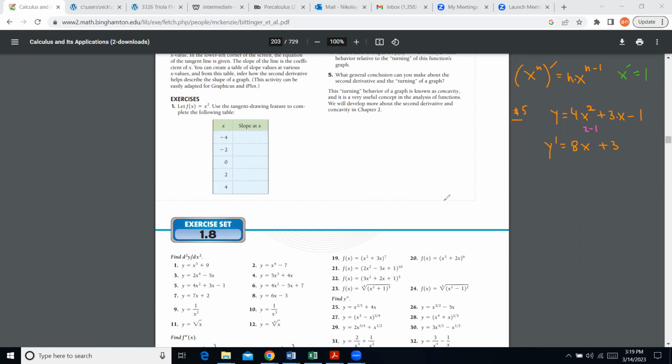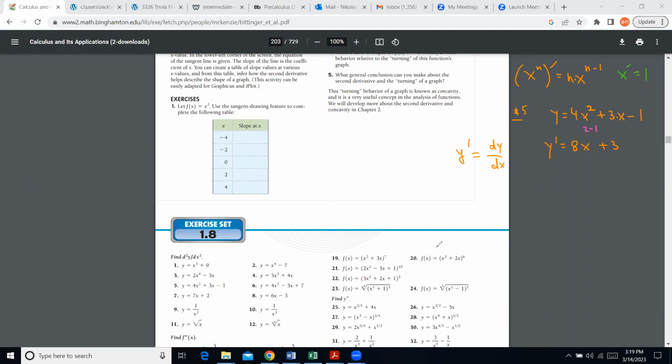So we find the derivative of this, and the way they write it sometimes is dy over dx. And that means the same exact thing as y prime. So sometimes they write the derivative with a prime, sometimes with this dy over dx.